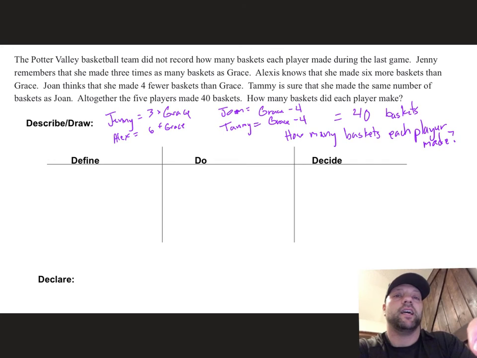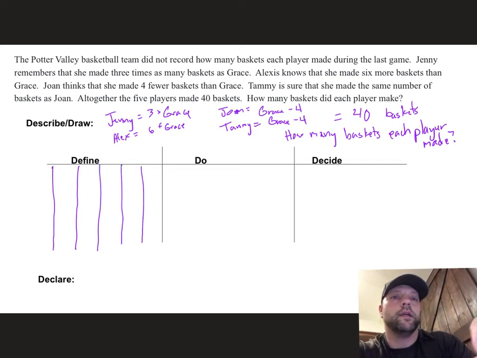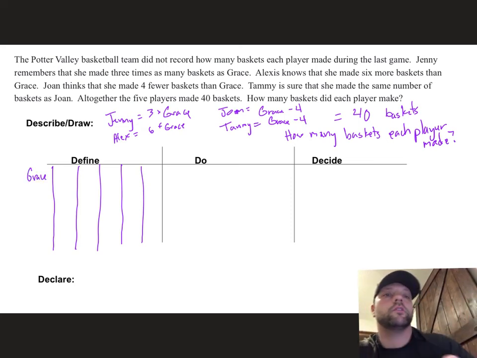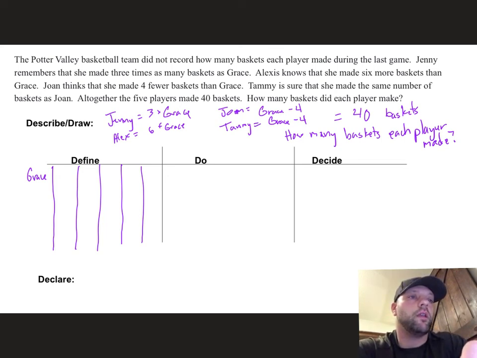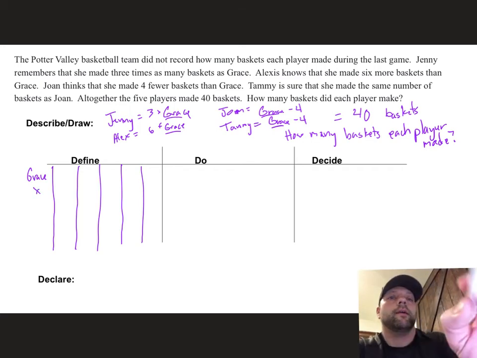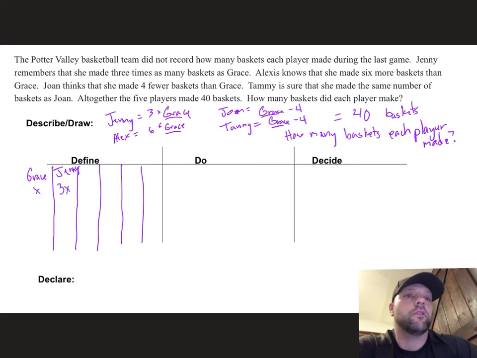Okay, so in my define, I basically want to divide this up into 5 separate columns for the 5 players. I'm going to start with Grace first because she's the name that's used in every single one. So because Grace is used in every single one of these, she's going to become my X value. Then we have Jenny, who's going to be 3x because it's 3 times Grace.